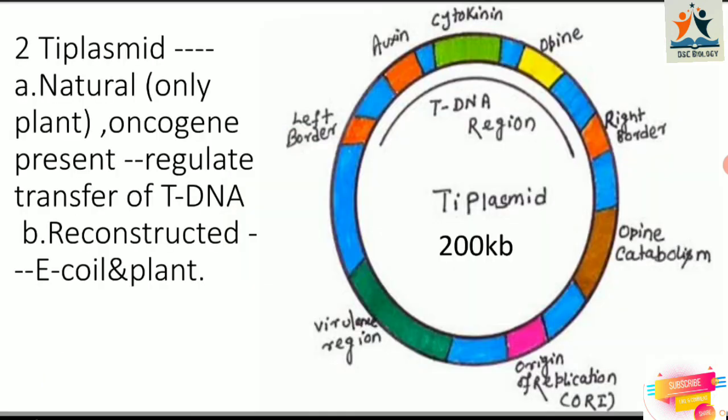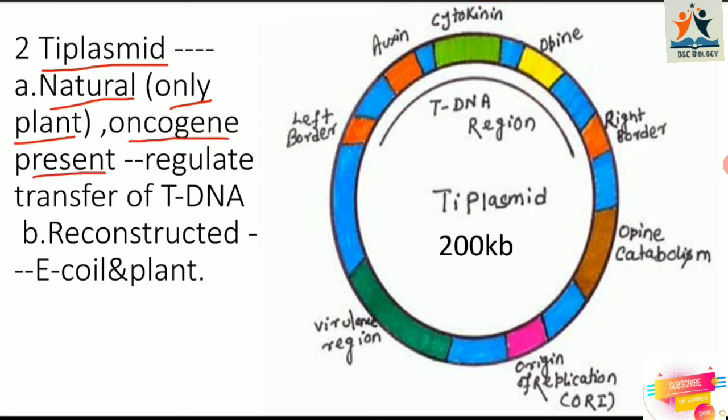Next is the Ti plasmid. This Ti plasmid is naturally present in plants, but we do not use it directly. We first modify and reconstruct it, because the oncogene present in the naturally occurring Ti plasmid regulates the transfer of T-DNA.